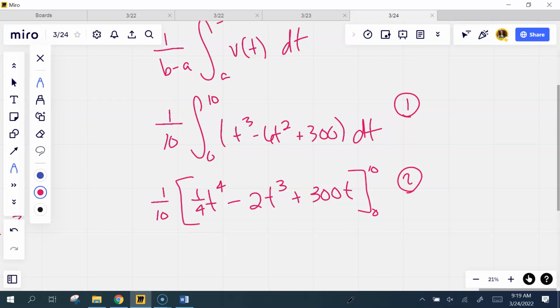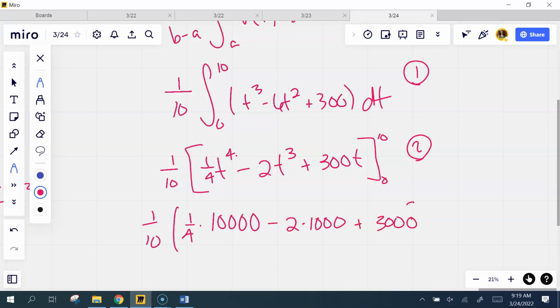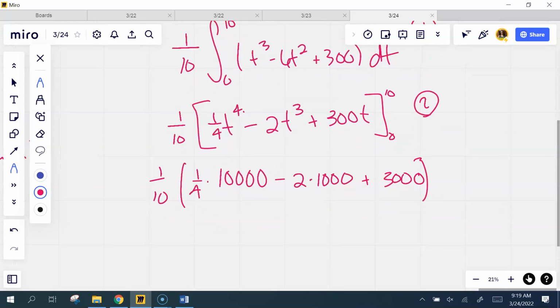So then you've got 1/4 times 10 to the 4th, which is 10,000, minus 2 times 10 to the 3rd, plus 300 times 10, which would just give me one more 0. Of course, minus 0 doesn't impact it.